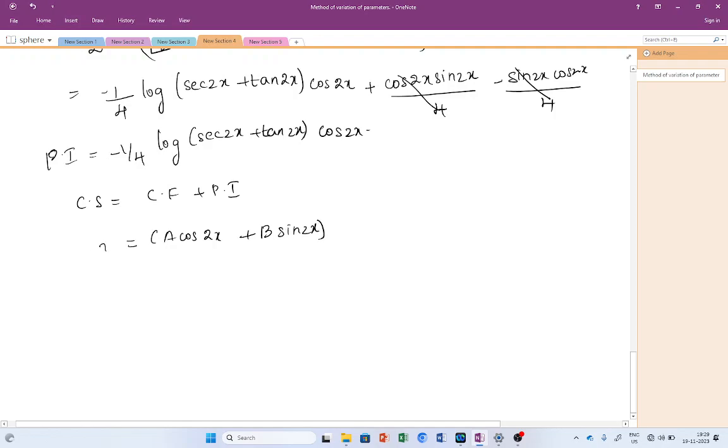This is the complementary function, plus particular integral is minus 1 by 4 log of secant 2x plus tan 2x into cos 2x. Okay, so this is your complete solution. So this completes the problem. Thank you.